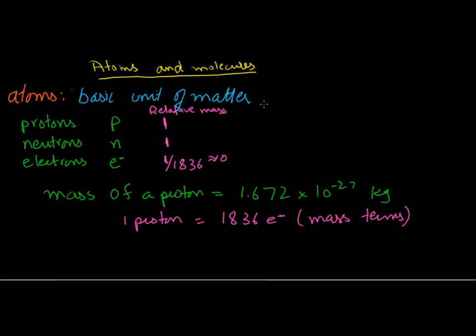Next thing is the charge on these species. So neutrons, as the name suggests, are neutral. Protons are positive, और electrons पे charge होता है वो है negative. ठीक है? So what about the magnitude of these charges? The charge on 1 electron in terms of coulombs is 1.602 times 10 to the negative 19 coulombs.